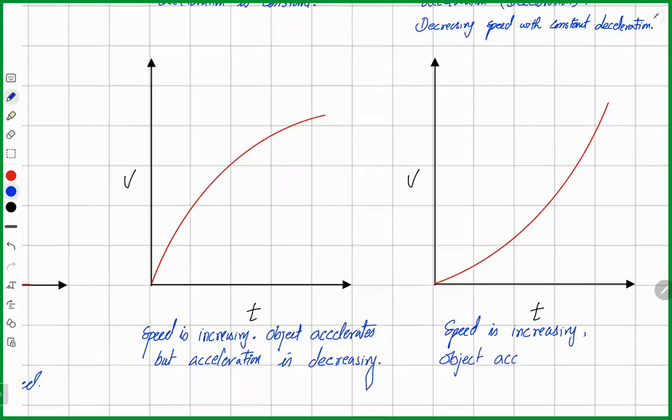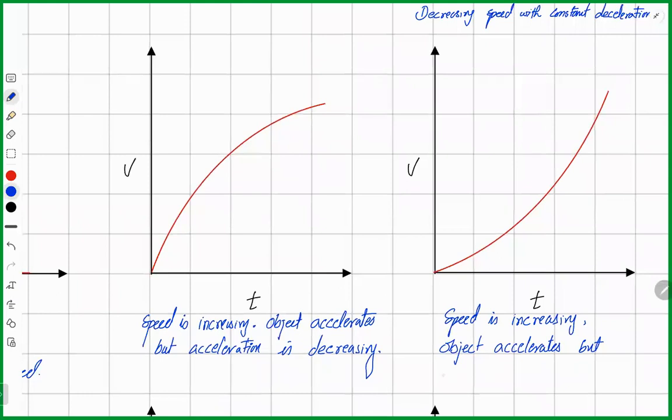The object accelerates, but acceleration is, I hope you can see that the angle with the x-axis is increasing as we go from left to right. So the graph is having an increasing acceleration because the gradient is increasing. The object accelerates, but acceleration is not uniform, it is increasing.